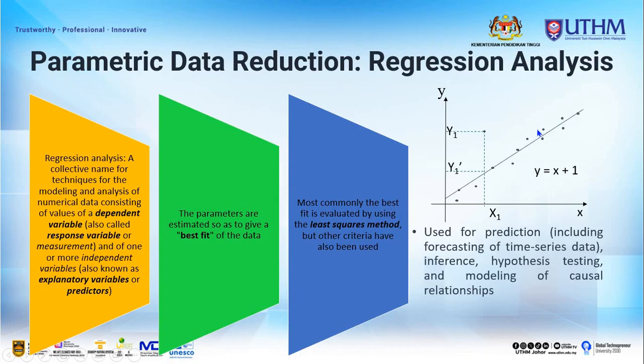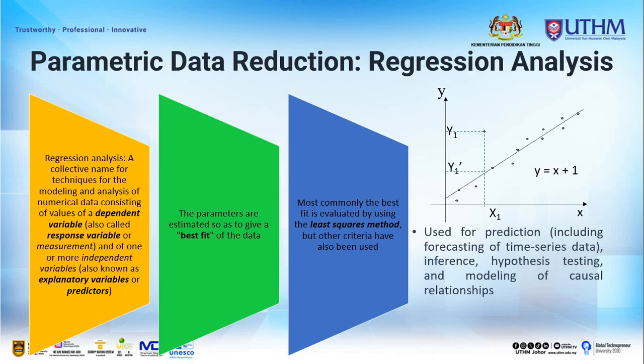The least squares method is the most common technique used to evaluate the best fit. It minimizes the sum of the squared differences between observed values and the values predicted by the model. While least squares is widely used, other criteria like maximum likelihood can also be employed depending on the context.